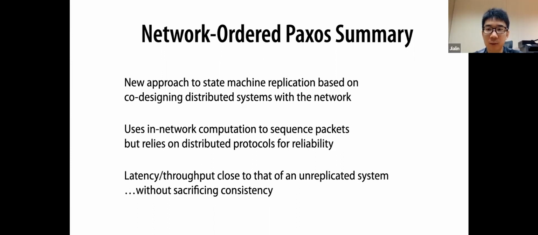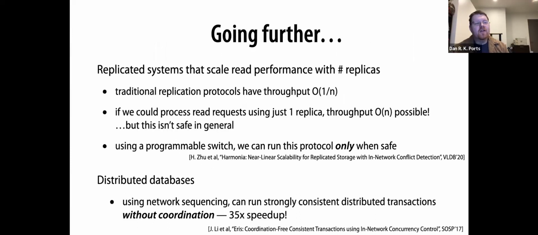Any other question from the audience? Well, before I move on to something completely different, I want to mention that there's plenty more that you can do with replication and distributed algorithms like this, taking advantage of in-network computation.